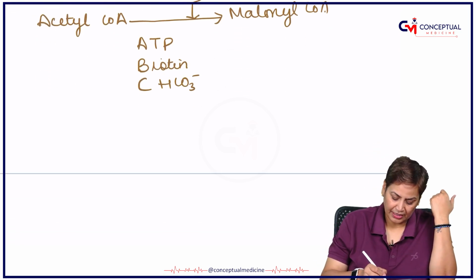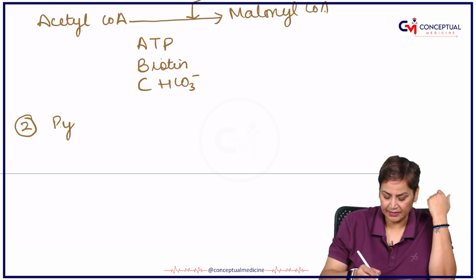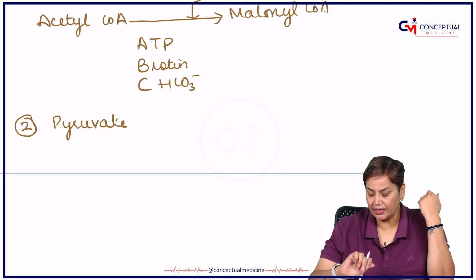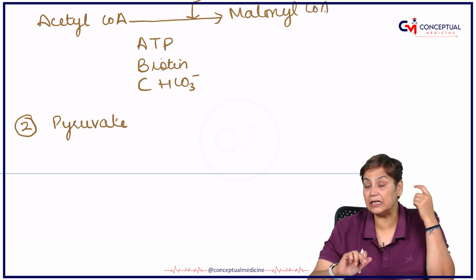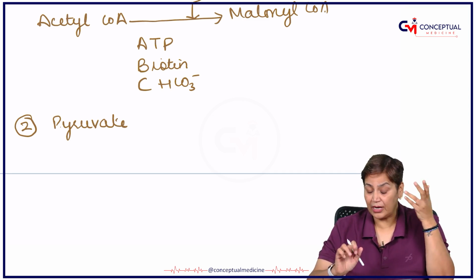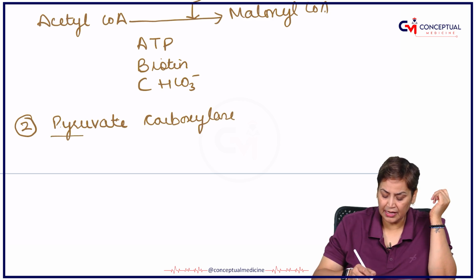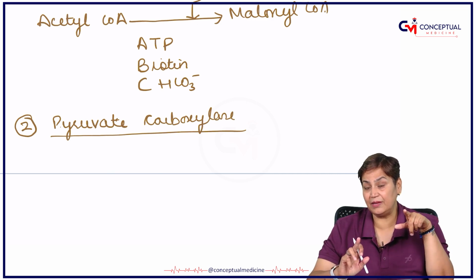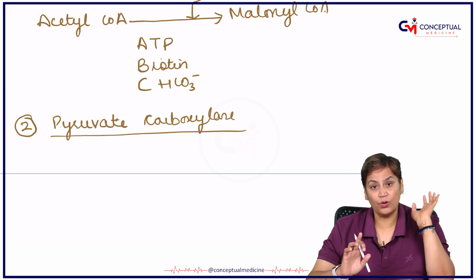Then the second important enzyme is pyruvate carboxylase. Acetyl-coenzyme A carboxylase is a rate limiting enzyme for lipogenesis. Similarly, pyruvate carboxylase is for gluconeogenesis, and this is the only enzyme of gluconeogenesis which is present in the mitochondria.